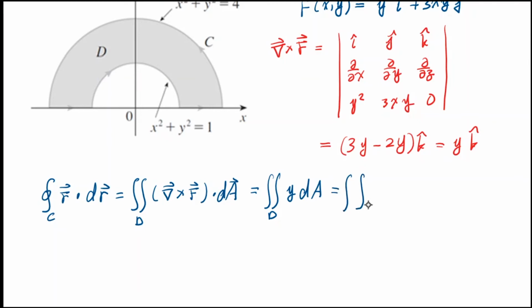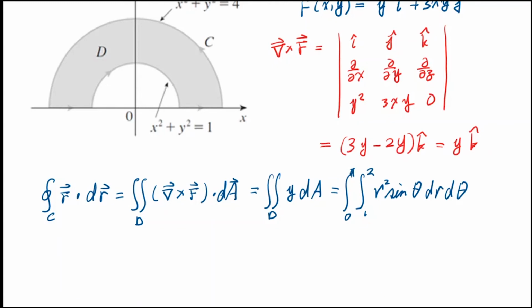Your r will vary from 1 to 2, radius 1 to radius 2, and your theta will vary from 0 to pi. You with me? And your y, of course, is r sine theta. And dA is r dr d theta. You with me?